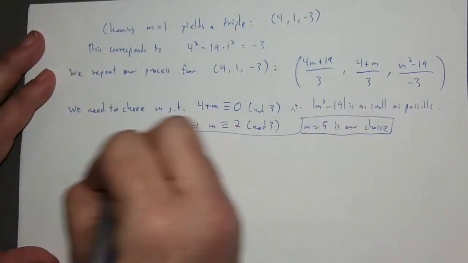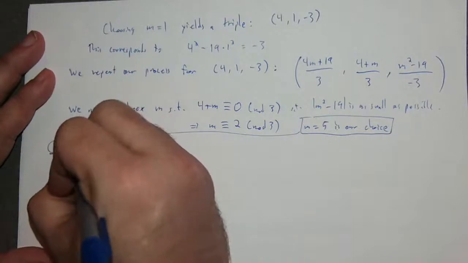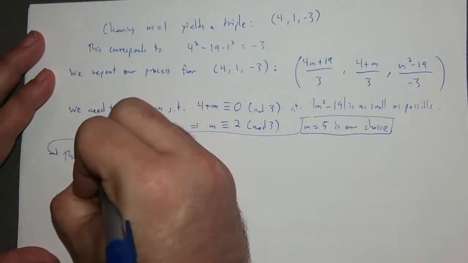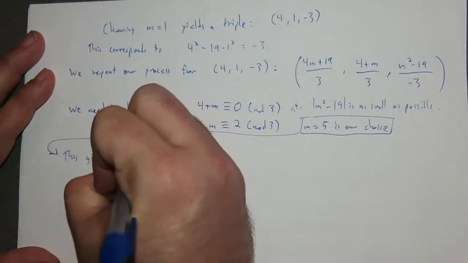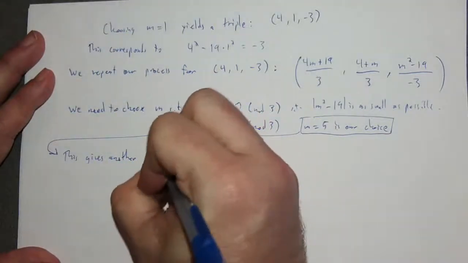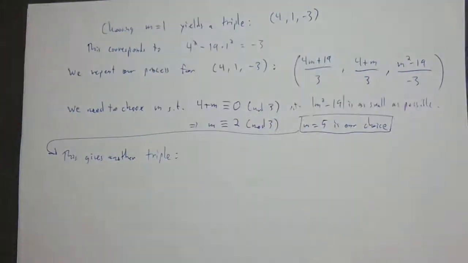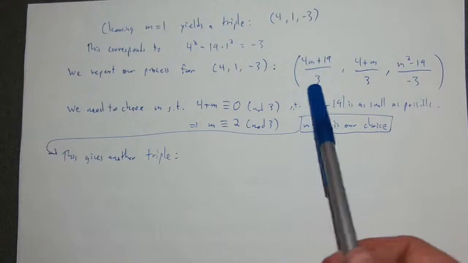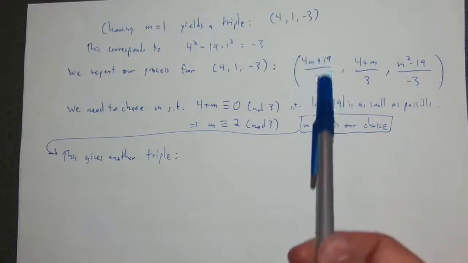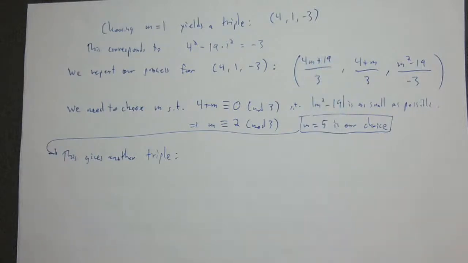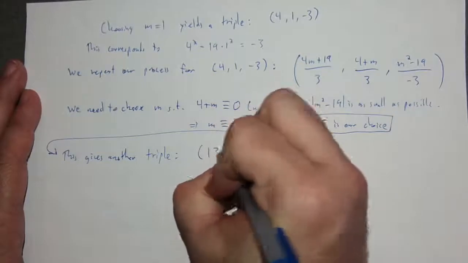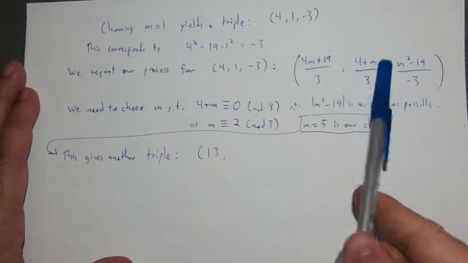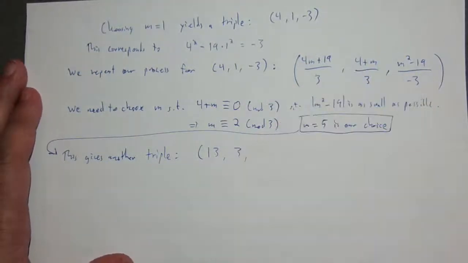Okay, and this choice gives another triple. If we choose m equals 5, I have 20 plus 19, that's 39 over 3, so that's 13. Next, I have 9 over 3, that's 3.